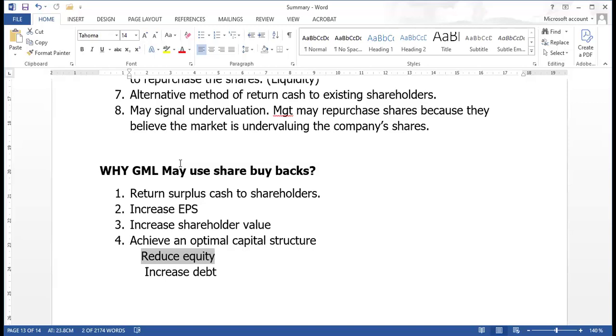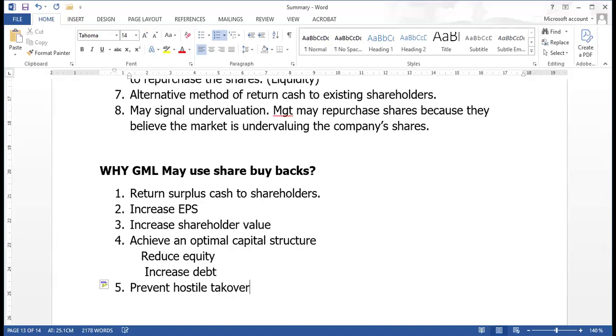So you find that entities want to optimize that through restructuring. They reduce equity, they increase debt. Also from the management perspective, you're trying to lower the weighted average cost of capital in the long run. Then next, guys, this question may come: why do we want to prevent hostile takeovers?